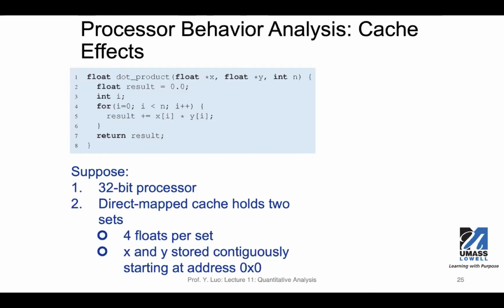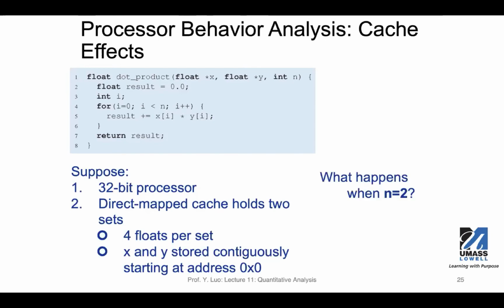It should be a set associative cache, holds two sets. We have four floating point numbers per set. We use this cache to store the variables, in our case x and y, and they are stored contiguously starting at address 0.